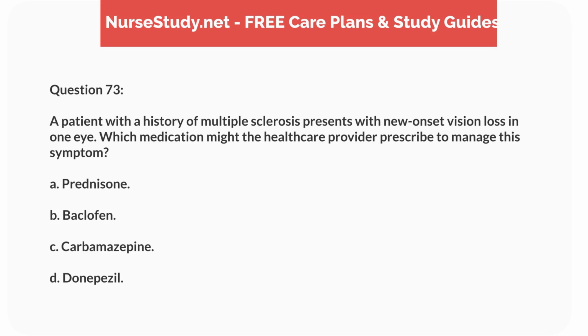Question 73. A patient with a history of multiple sclerosis presents with new-onset vision loss in one eye. Which medication might the healthcare provider prescribe to manage this symptom? A. Prednisone. B. Baclofen. C. Carbamazepine. D. Donepezil.